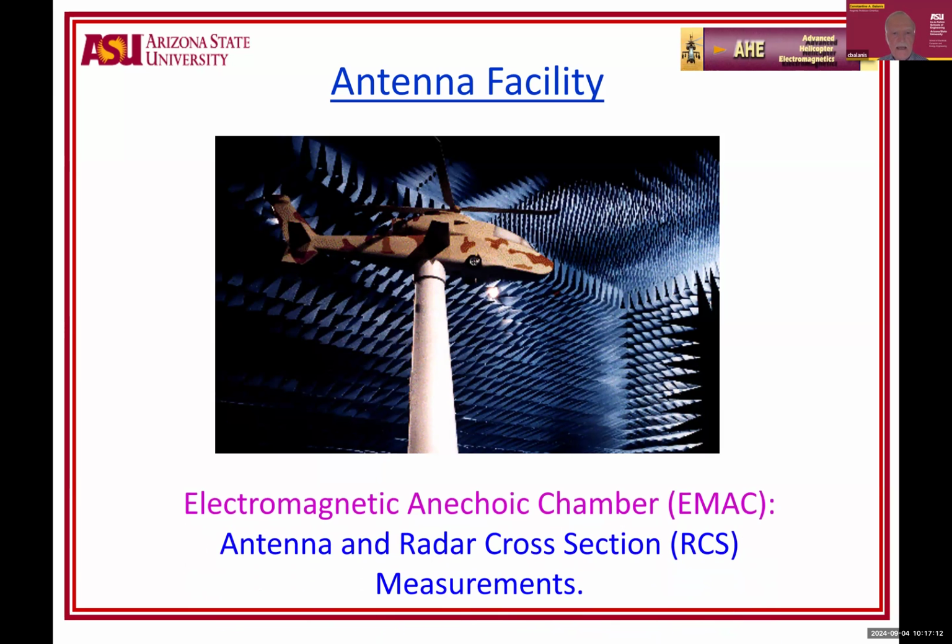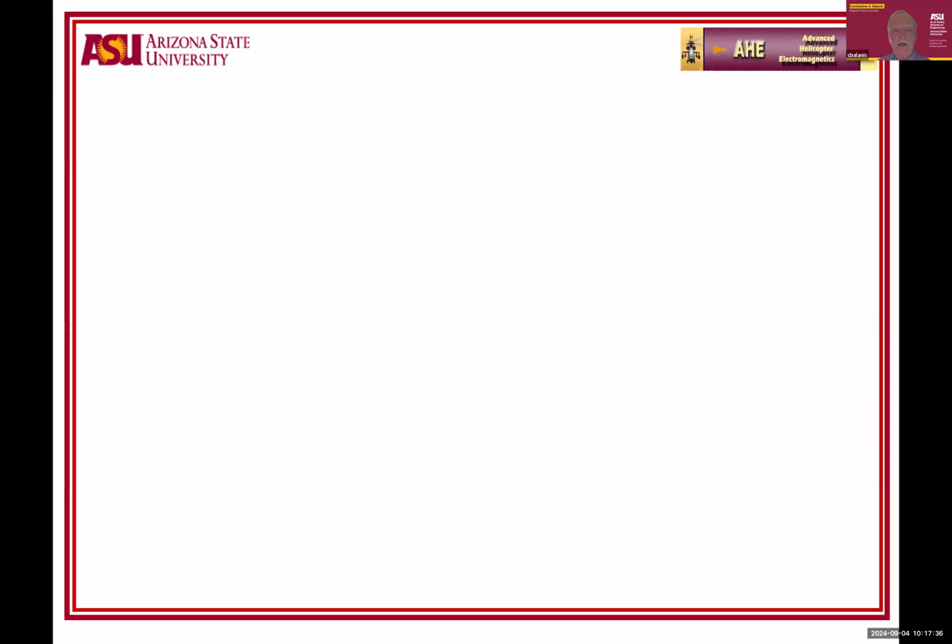We built this one in the middle 1980s when I first joined the faculty at ASU. EMAC, electromagnetic anechoic chamber. We do antenna measurements, radar cross-section, and so forth. As I say, it's as good a facility as you can find in a university environment. You can see there a scale model of a generic helicopter.